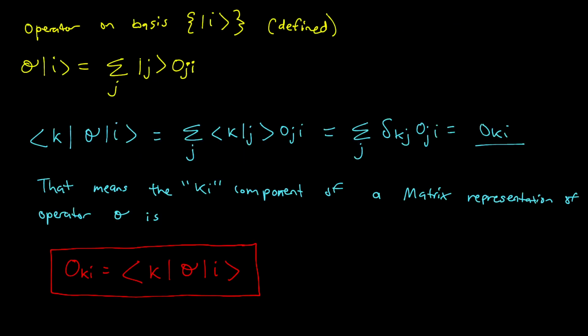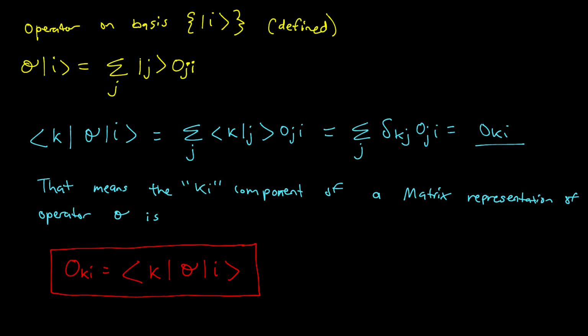You can multiply both sides of the expression by the bra vector ⟨k| to get the sum over all j of ⟨k|j⟩ times O_ji, which equals the sum over all j of δ_kj O_ji, which equals O_ki.